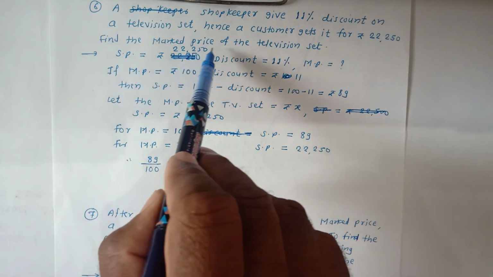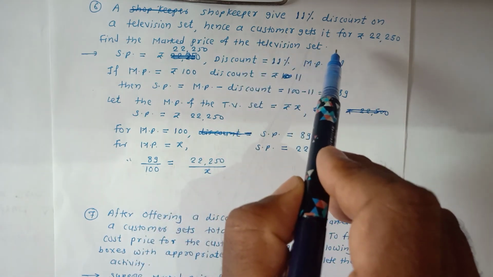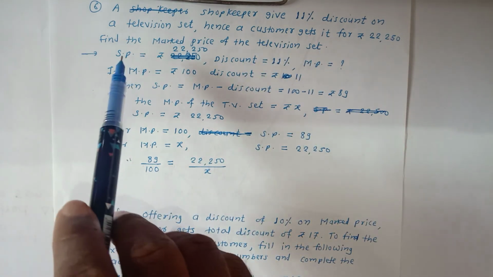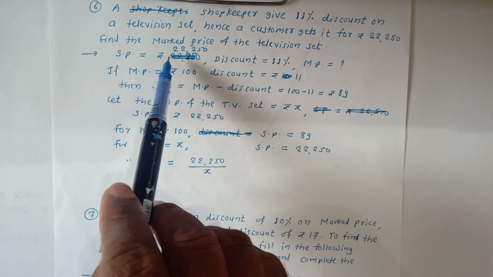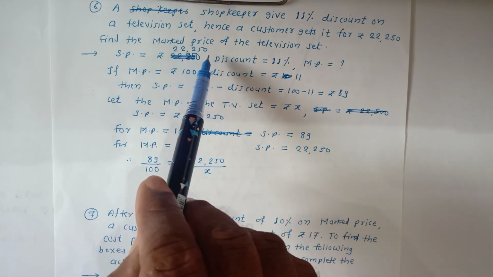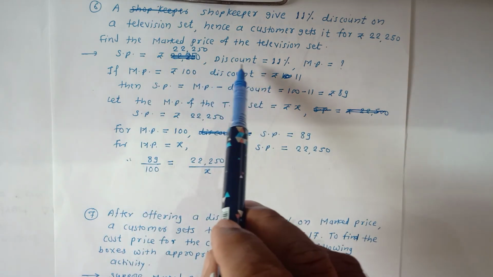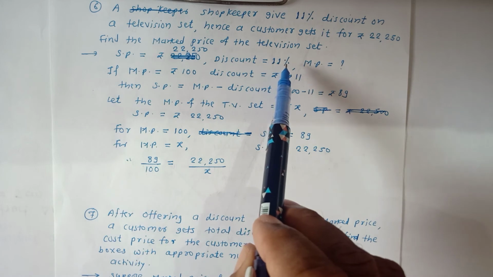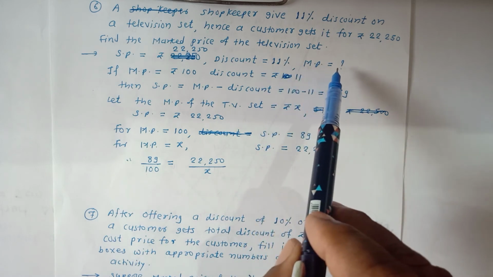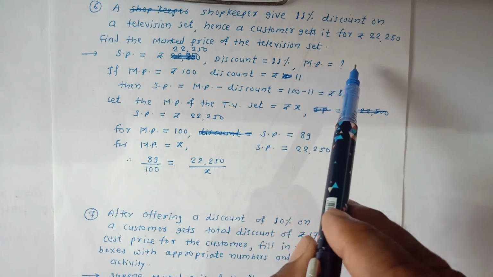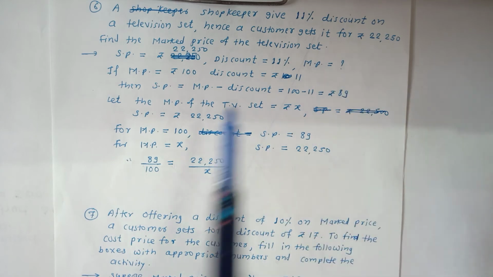Find the mark price of a television set. Here we have given the selling price rupees 22,250 and discount is given 11% and we have to find the mark price of a television, that is MP.